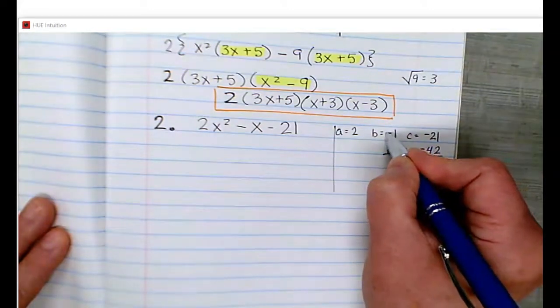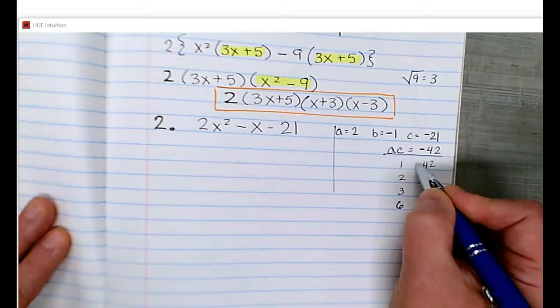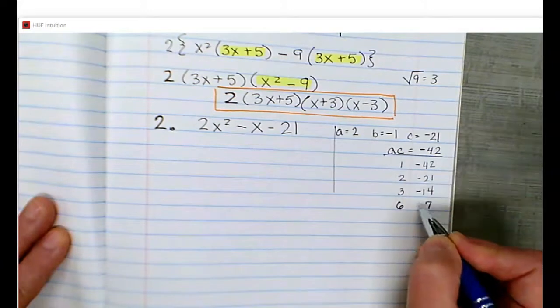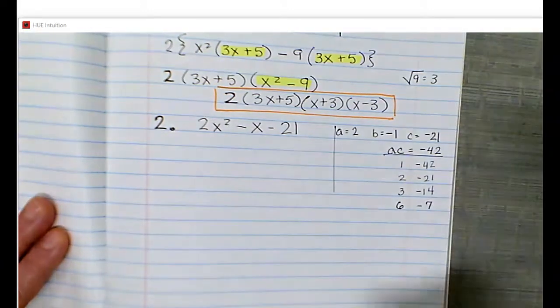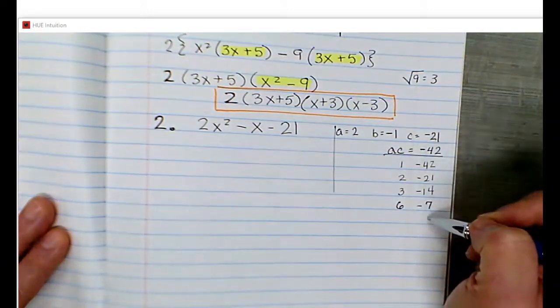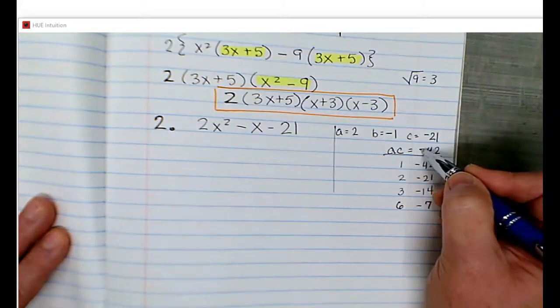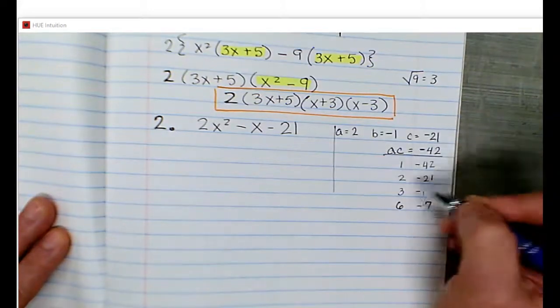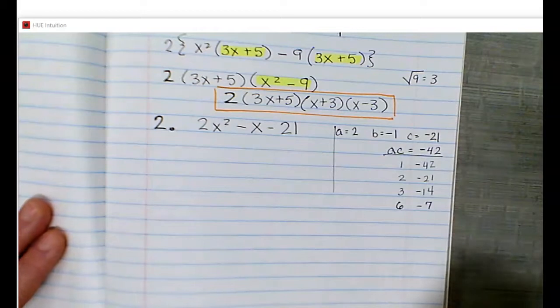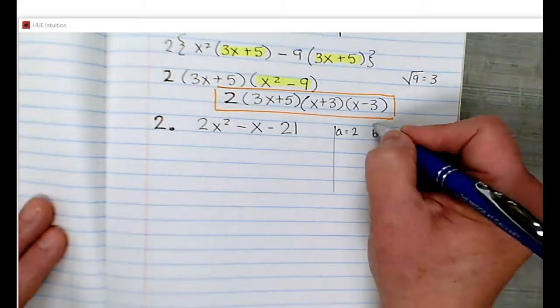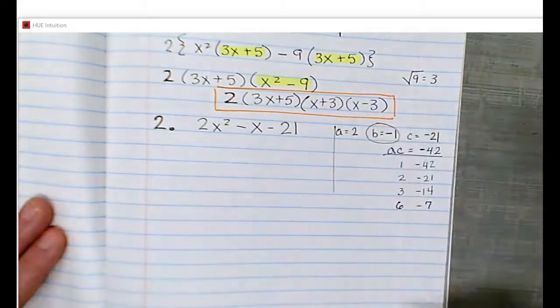If this is negative, the bigger number has to be negative. If the B is negative, the bigger number has to be negative. If this AC is negative, then they have to be opposites. So, do any of these pairs add up to give me the negative 1?